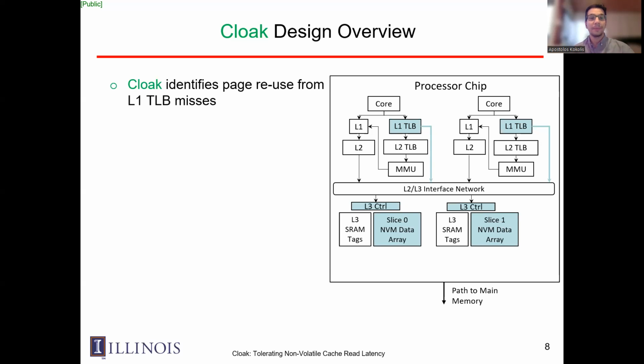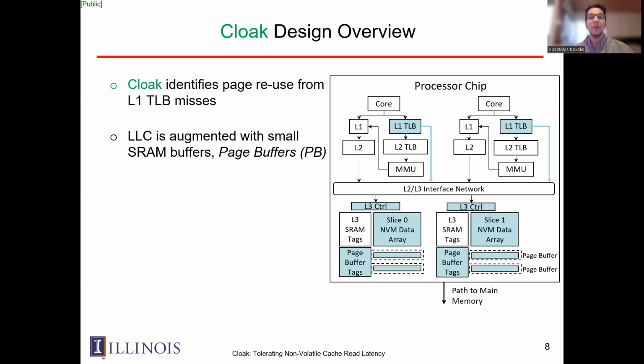But also, the LLC is augmented with small SRAM buffers, which we call page buffers. The page buffers have their own tags, and they hold the cache lines. The page buffers are small SRAM-based cache structures which act as fast access buffers to the NVM LLC, and each one of these page buffers can hold a set of NVM-resident cache lines for a given page.